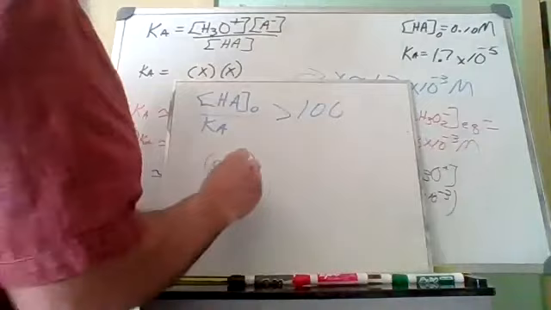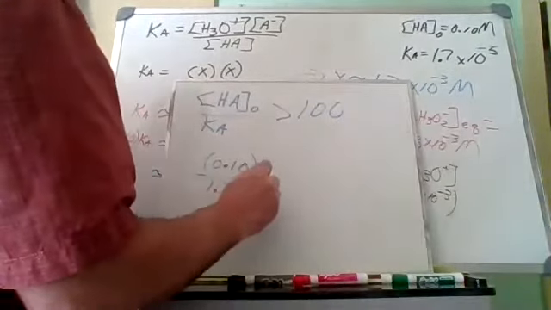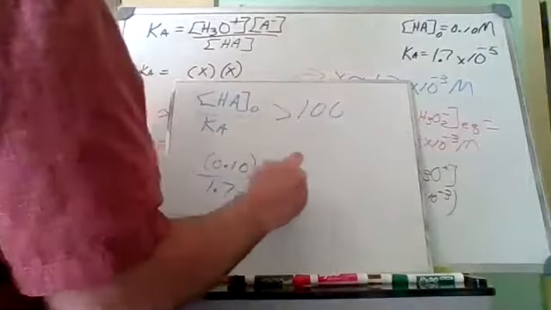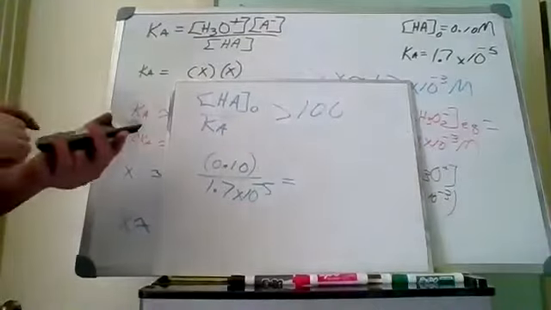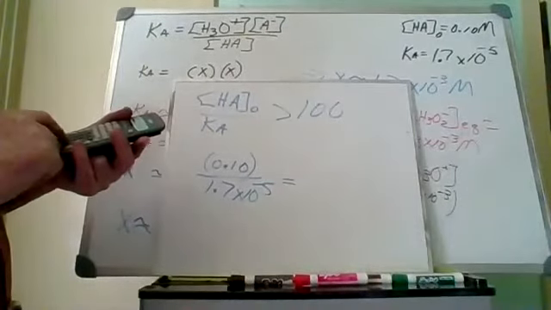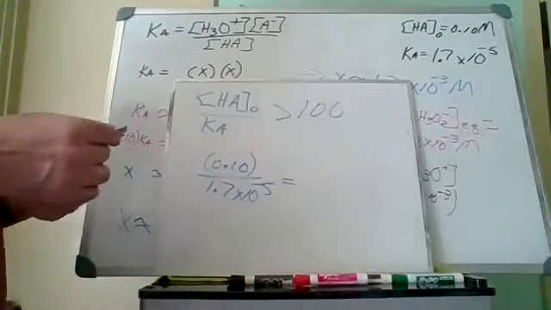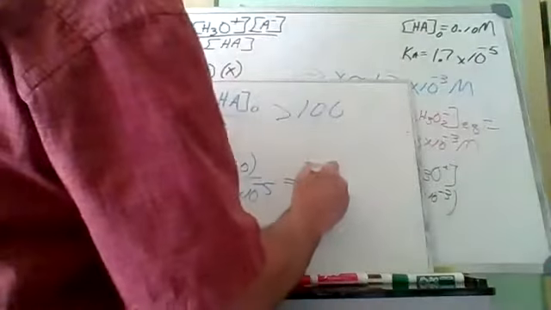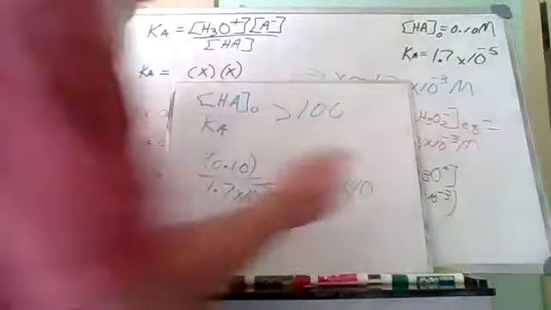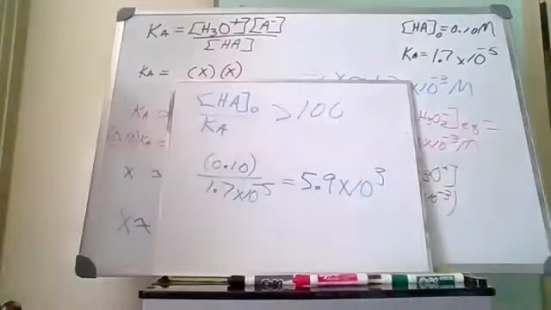So let's plug in here. 0.10 divided by 1.7 times 10 to the negative 5 is going to be way bigger than 100. Let's get out the calculator. I get 5.9 times 10 to the 3rd, so almost 6,000.